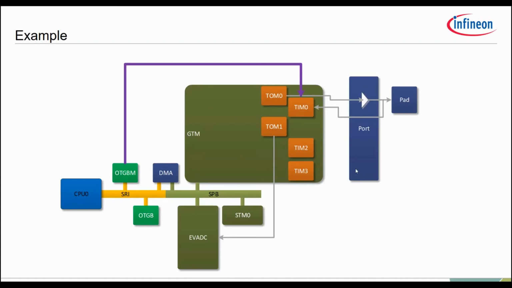And last but not least, here is the main part of today's demonstration. There is an internal connection from the signal output of the pins towards the timer input modules of the GTM. The question is, what is this good for?